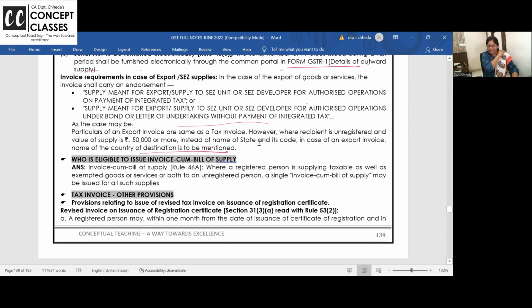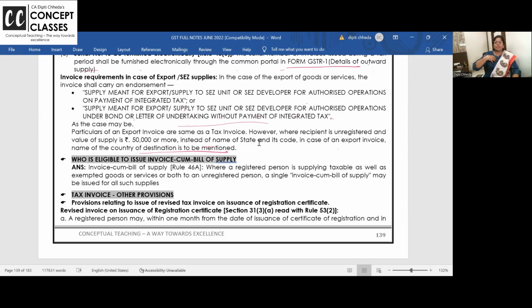Last part now they say invoice cum bill of supply. If a registered person is supplying both taxable goods as well as exempted goods, in a single, can he issue invoice cum bill of supply? Answer is yes.